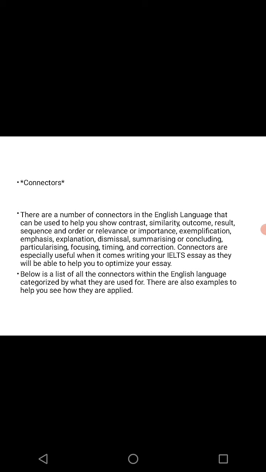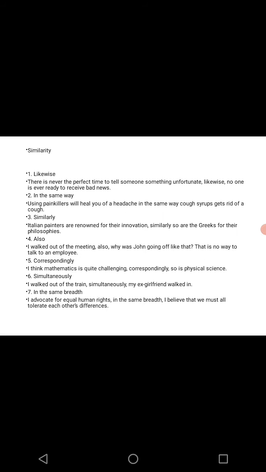Connectors are especially useful when it comes to writing your IELTS essay, as they will help you to optimize your essay. Below is a list of all the connectors within the English language, categorized by what they are used for. There are also examples to help you see how they are applied.